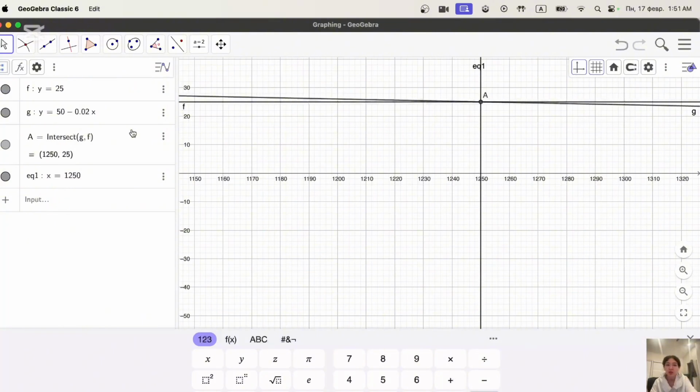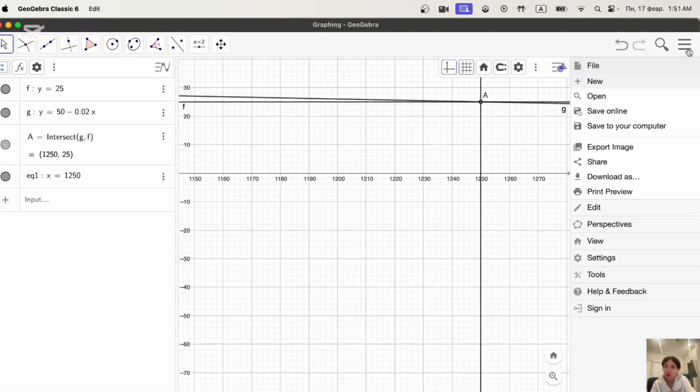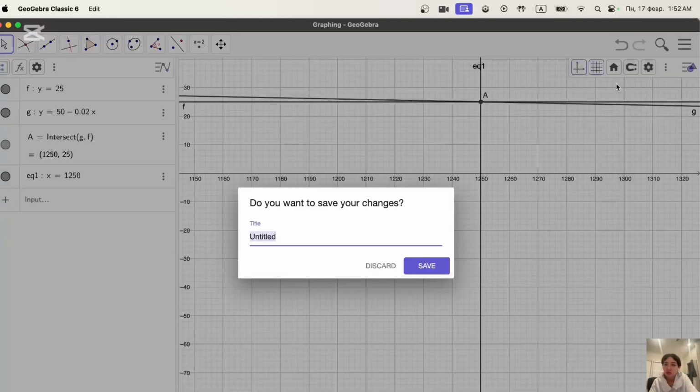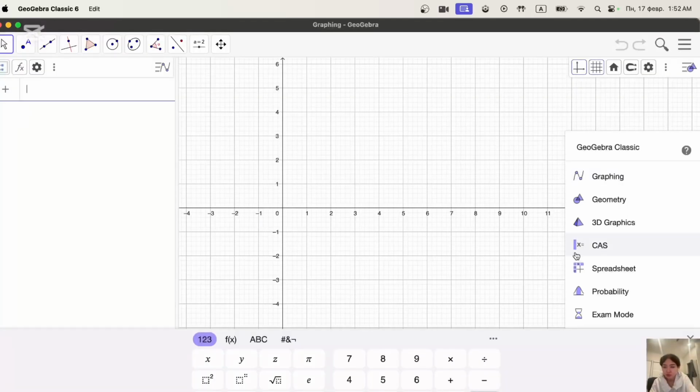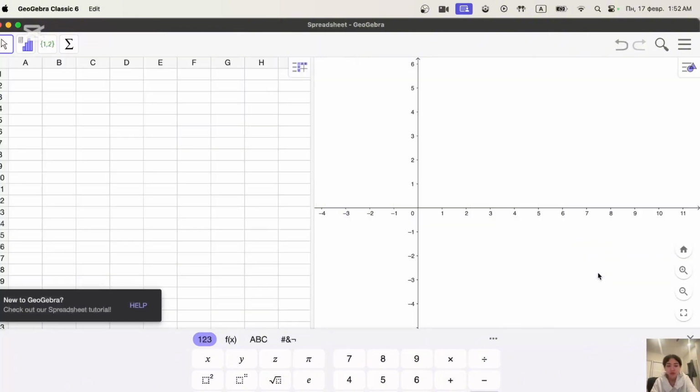So now we need to continue to apply properties of equality and analyze the graphical representation. So let's enable spreadsheet and CAS view.